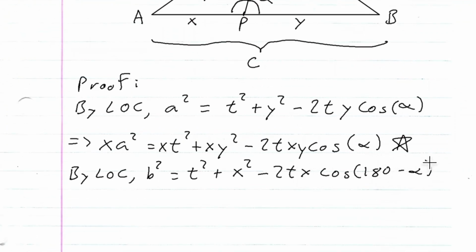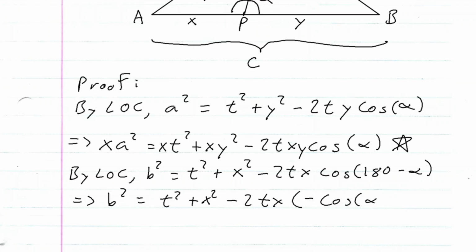Now we have a special property for cosine of 180 minus alpha. We know that b squared is equal to t squared plus x squared minus 2tx times negative cosine of alpha. Remember, cosine of 180 minus alpha is the same thing as negative cosine of alpha.